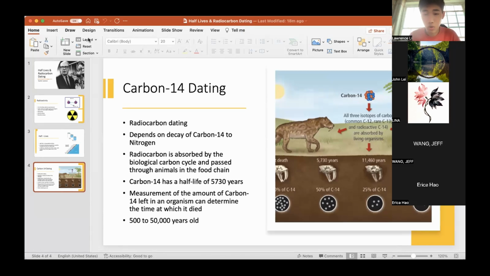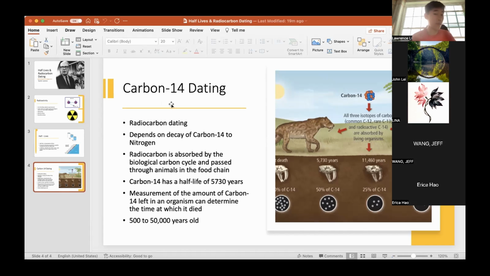So to date organisms such as dead elephants, fossils, mummies, coffins made out of wood, or dead plant matter, anything that was once living, like a tree, or an animal that is now fossilized, like dinosaurs, we can use a certain type of radiocarbon dating.